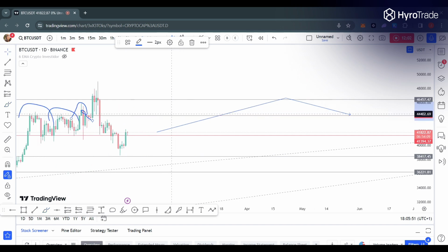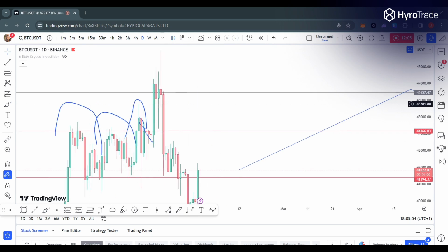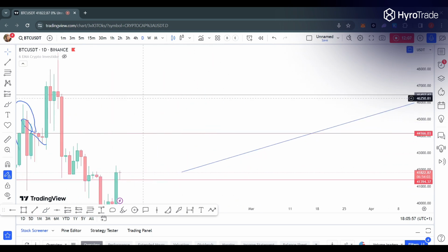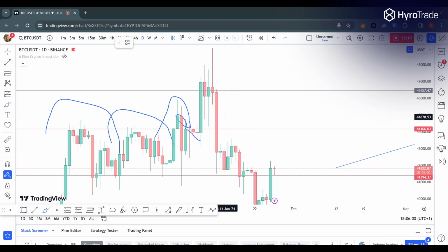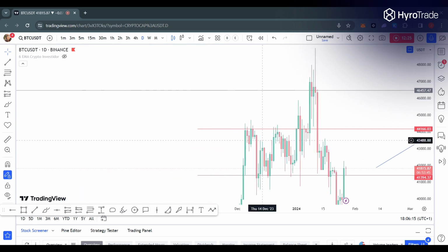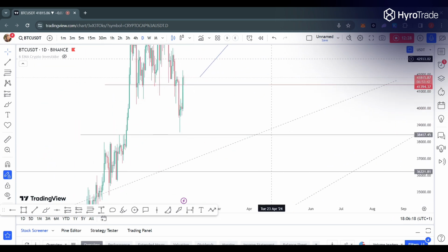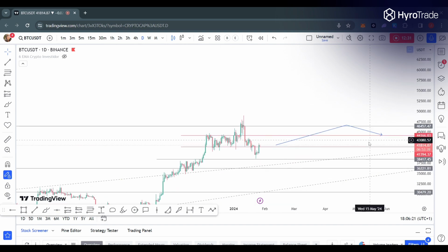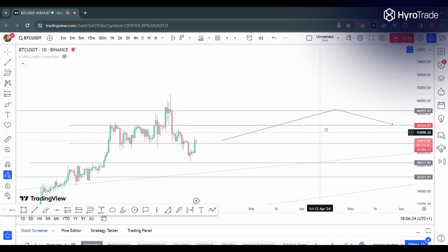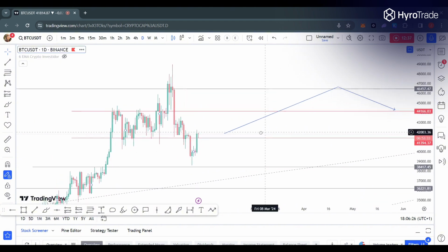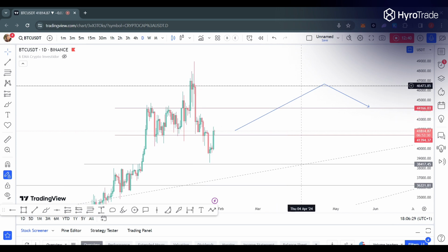And here, if we zoom, we can see that the price was almost touching this level here. So we can expect that this level may stand as a support. So this is the first possibility. And of course, as I said before, it also depends on USD dominance, how it will react. So this is one of the possibilities in Bitcoin.